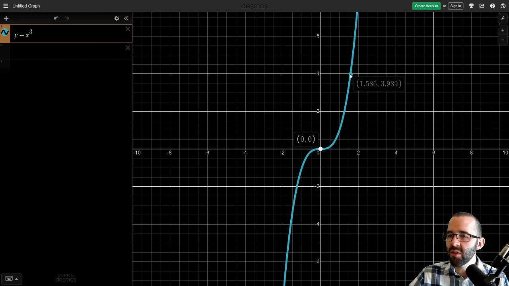What that means is if I reflect this blue point about the origin, what's on the other side? It's still on the function. Any point you find, if you reflect it around the origin, the white point, it will still be on the graph.